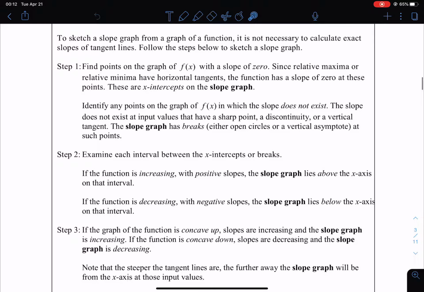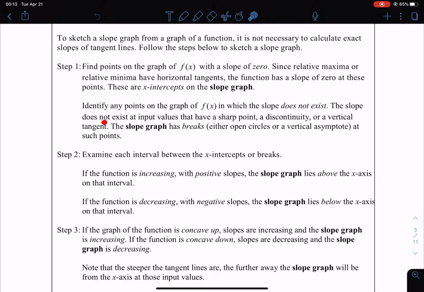So step number 1, try to find the points that have a slope of 0. That means a horizontal line. So in the function graph, it is a relative maximum or relative minimum. Then in the slope graph, it is just the x-intercept of the slope graph. And the second one, identify any points on the function graph where the slope does not exist.